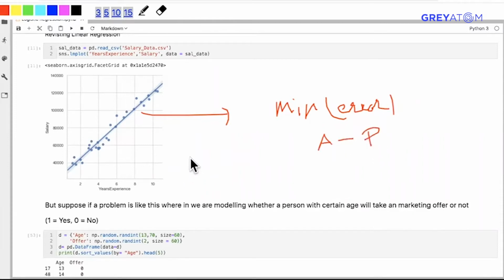It has an equation like y = mx + c, the typical linear regression equation, and we would predict salary from years of experience. Suppose a new data point comes in where years of experience is equal to 13, and 13 is somewhere here, and our salary would be somewhere here. So this is a typical linear regression problem, and that's how we solve it.